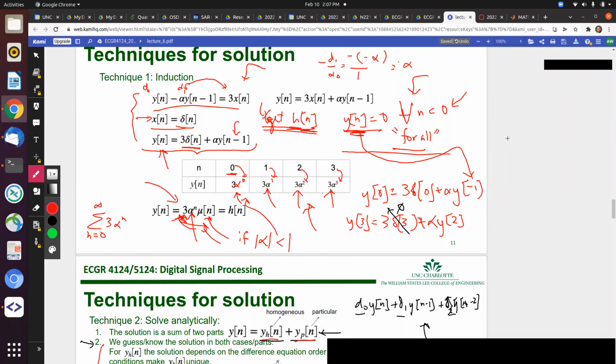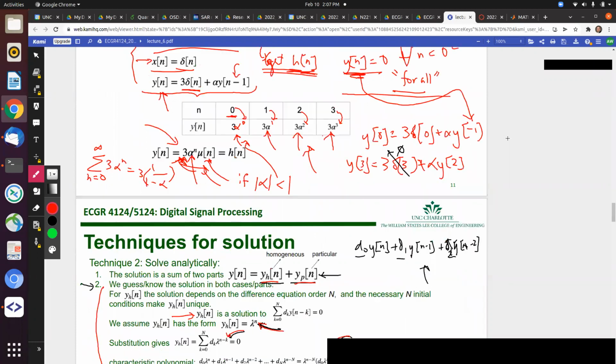As long as alpha is less than 1, what does that come out to? 3 times 1 over 1 minus alpha, only if the magnitude of alpha is less than 1. And that's finite, so it's stable, right? But if the magnitude of alpha is greater than 1, this is unstable.